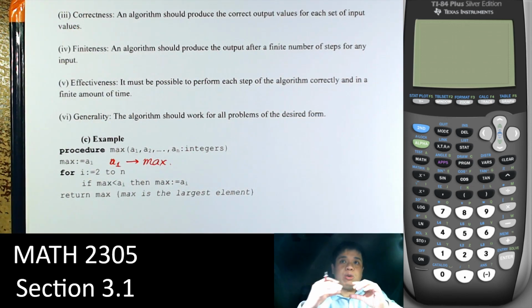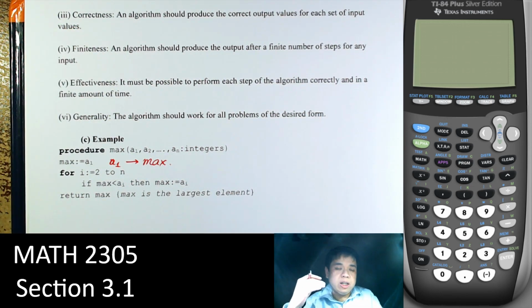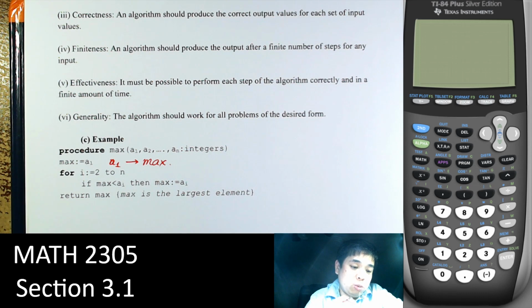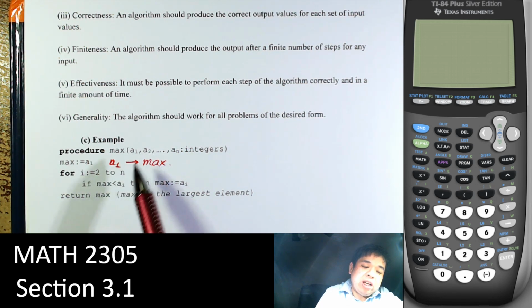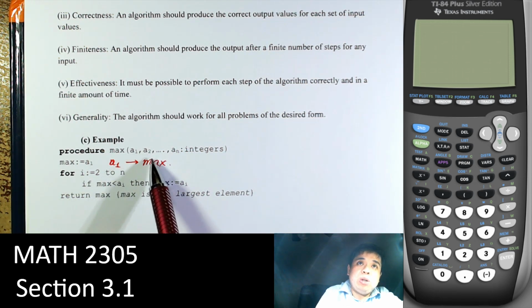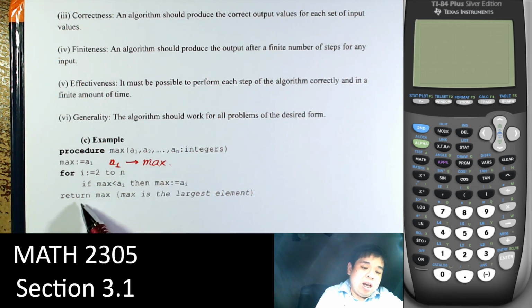This is not equal to. If it is equal to, it is a logic statement. So we store a1 into max, and then the rest is easy. We go from 2 to n, checking a2, a3, a4, and an. If it is bigger than the max, then the max will be equal to the new value.